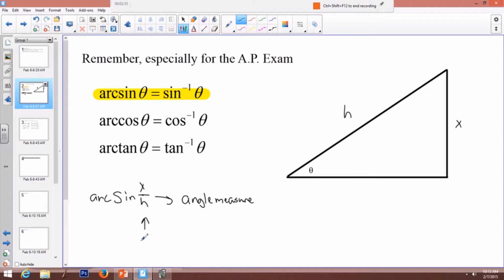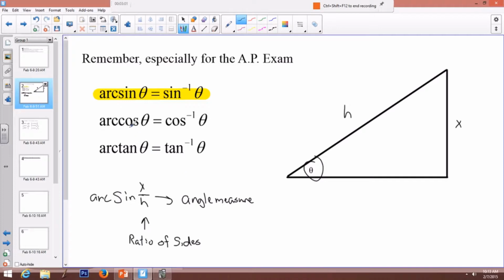So this is the ratio of sides, and in this case it's the opposite over the hypotenuse. When you take the arcsine of the ratio of x to h, it's going to return that angle measure. And that's what's going to happen here.